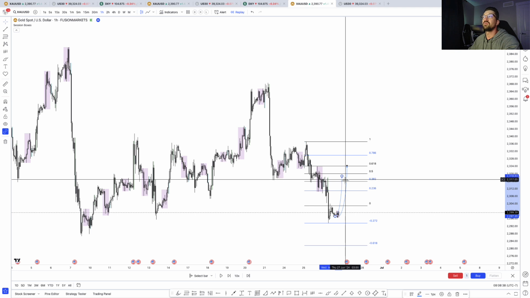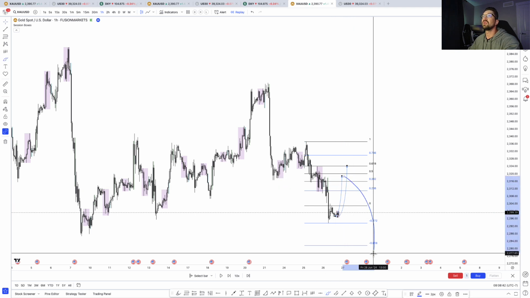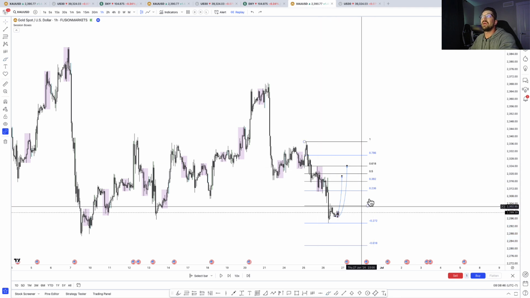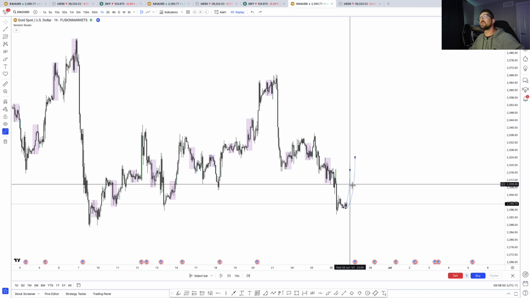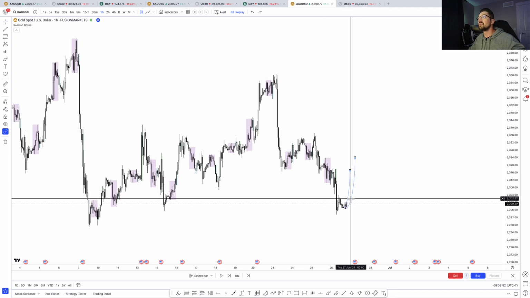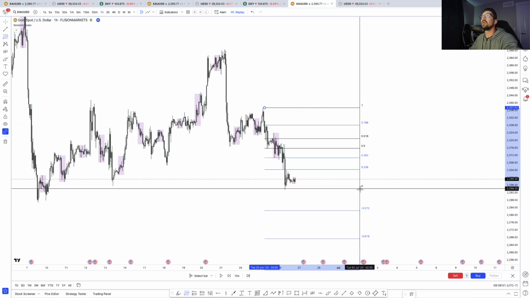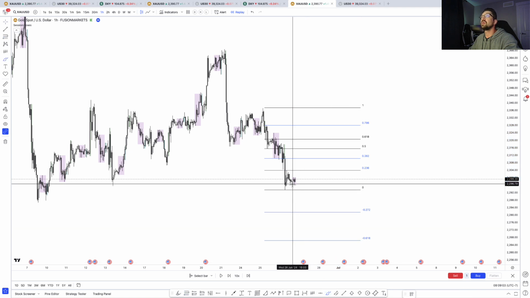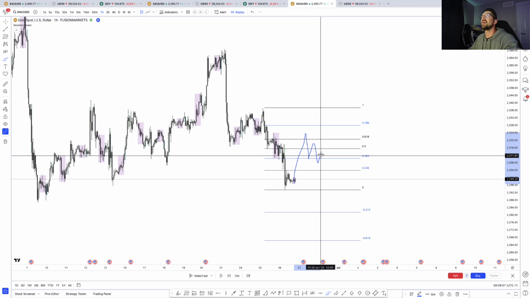I TP'd TP1 myself, because at this point price could have done this. We didn't have any bullish order flow established yet, so that is TPing properly. Whereas if price, let's hypothetically say this is your range down, and price came into here and reacted and started going down.